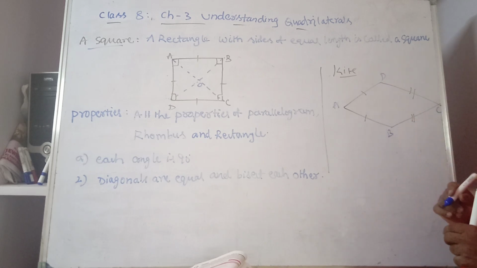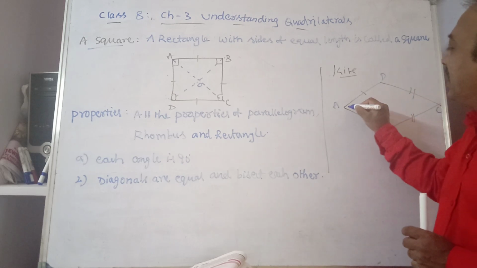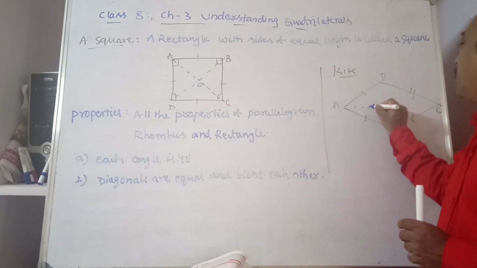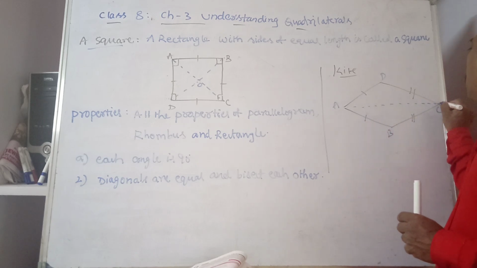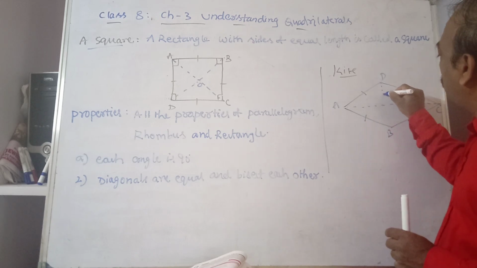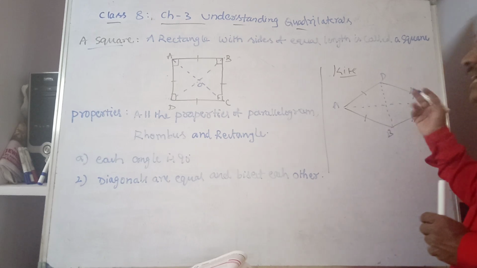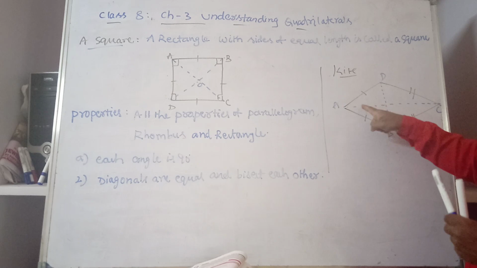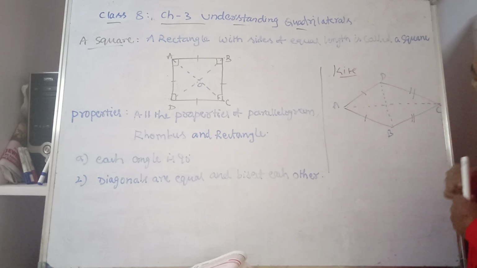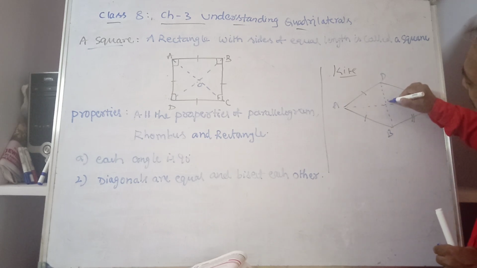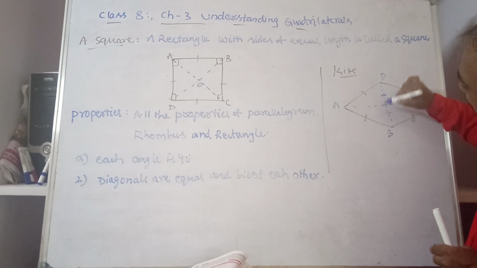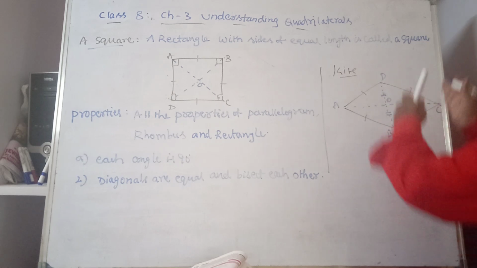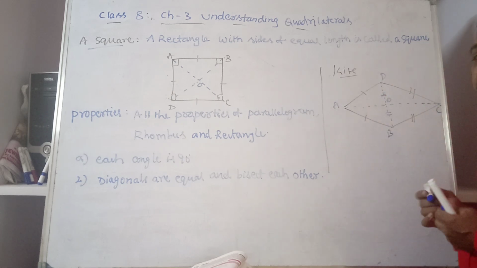These consecutive pairs are equal, and one diagonal bisects the other. They both are not equal. Only one diagonal is dividing the other into two equal parts. If the kite is like this, then these diagonals will be equal.